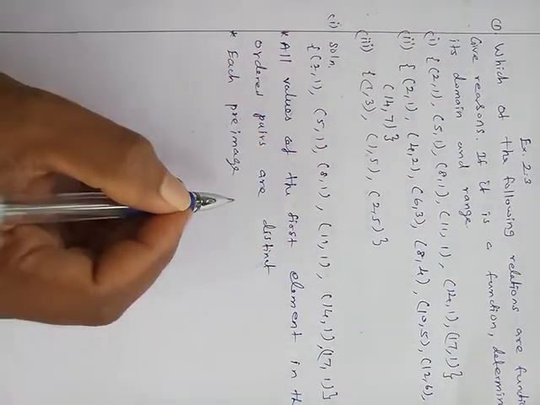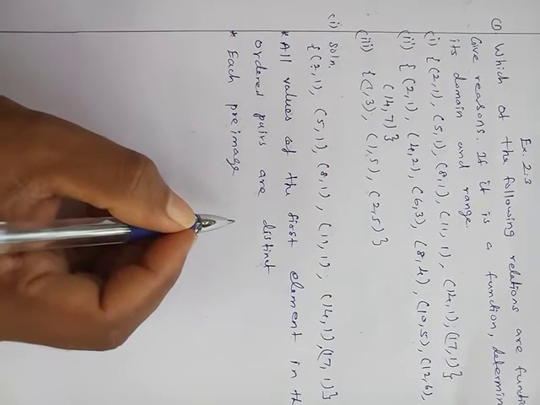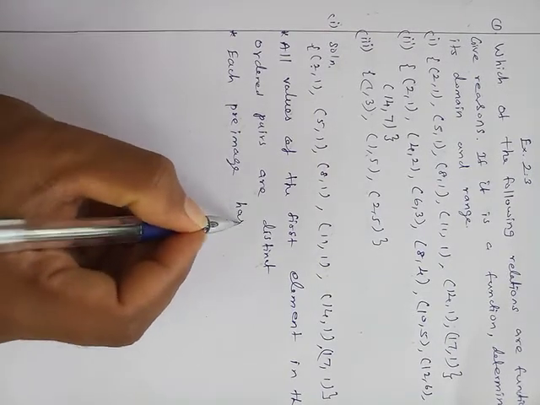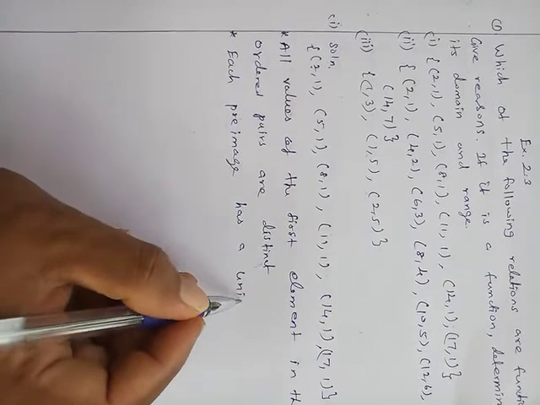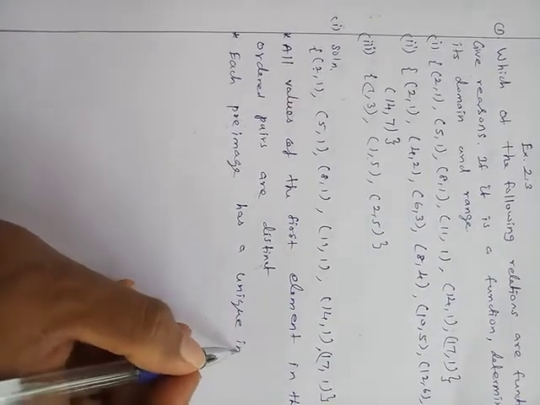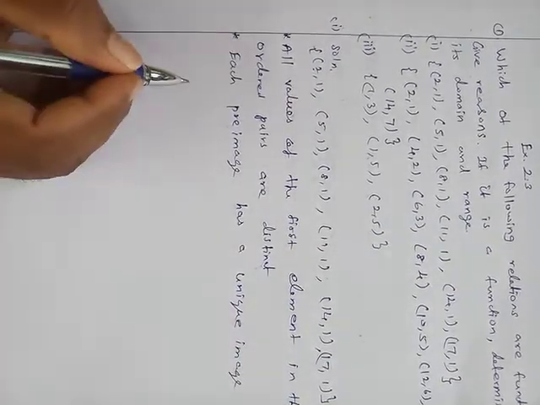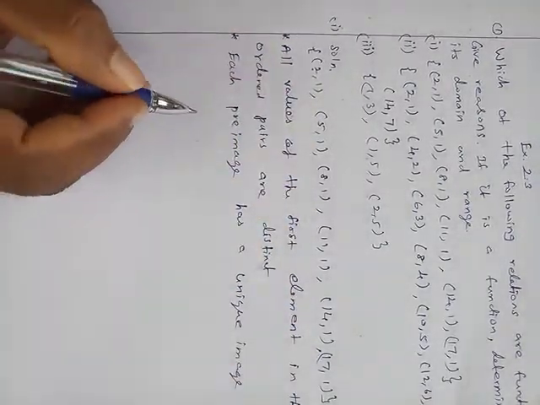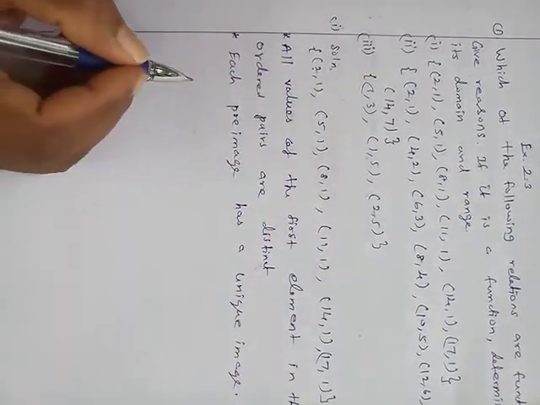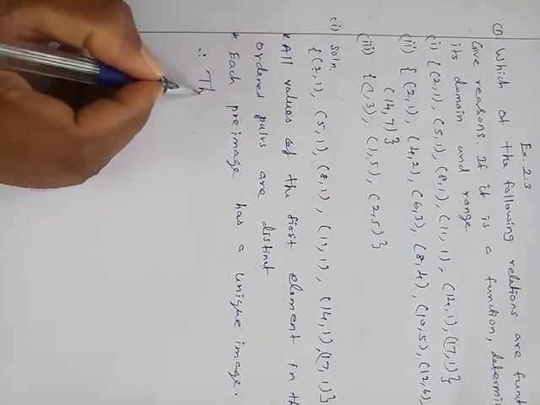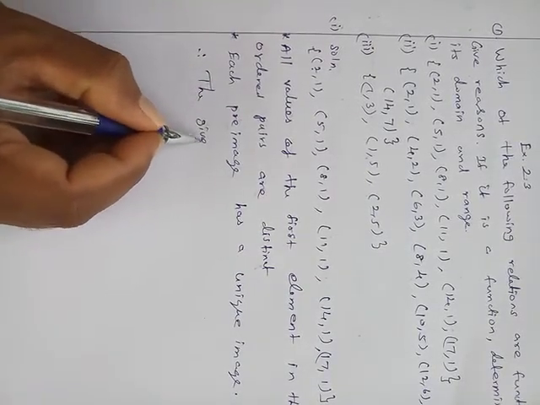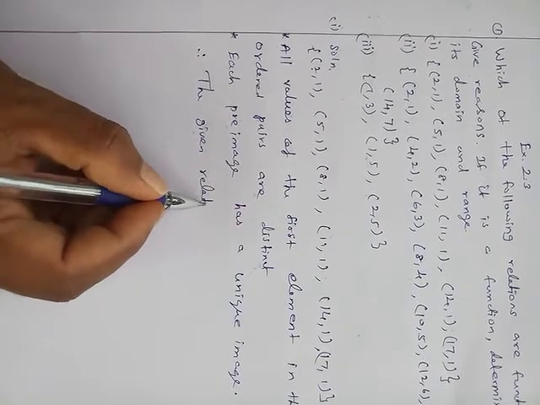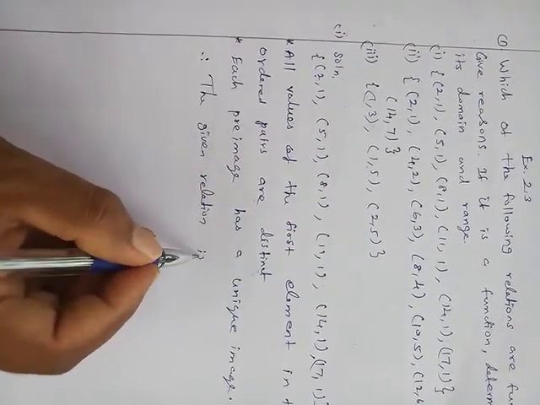So each preimage has a unique image in the codomain. Therefore, the given relation is a function.